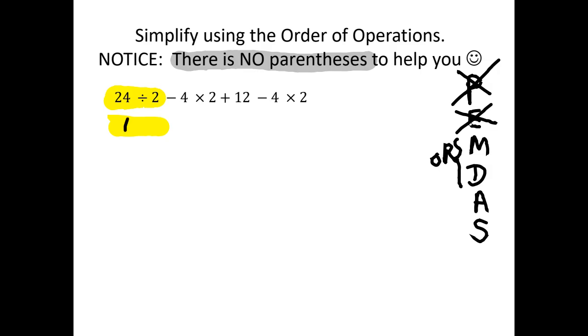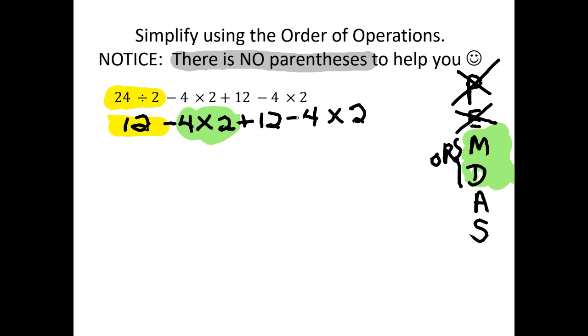This will give me 12 minus 4 times 2 plus 12 minus 4 times 2. Well, what comes next? Well, what comes next are these two terms. Okay, do not take 12 and subtract 4. We're still right here. Multiply or divide. This will give me 12.